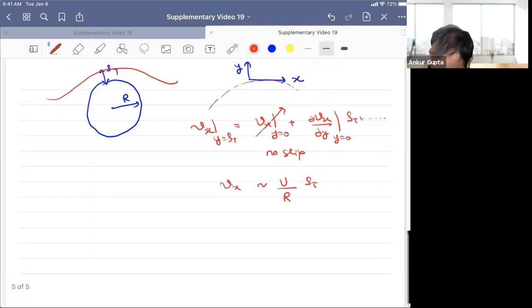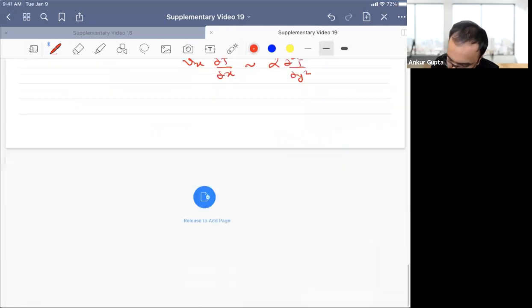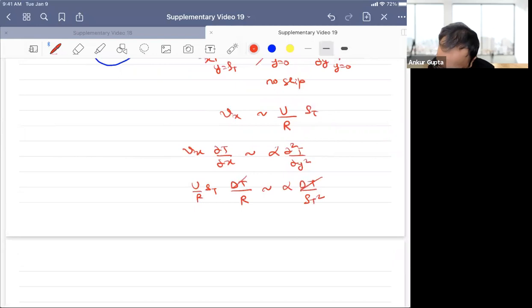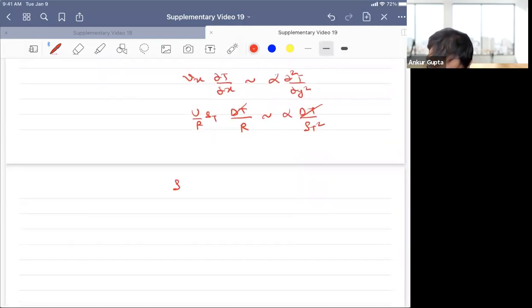Okay. And then again, we'll say the same thing. Vx del t by del x scales roughly as alpha del square t by del y square. Velocity again, we get u by r delta t by, and delta x in this case will be r because that's the scale of the x direction. Alpha delta t by delta t square. This gets cancelled, and we again get delta t cube.